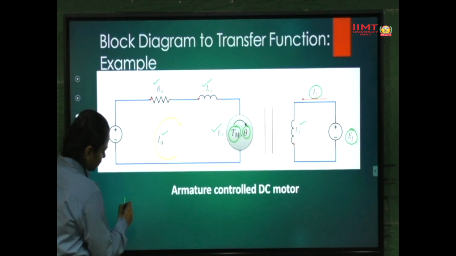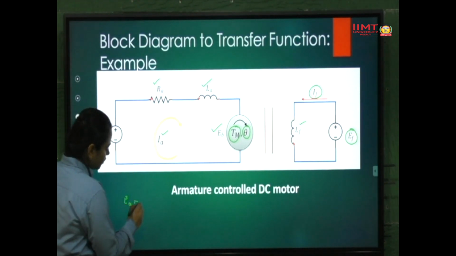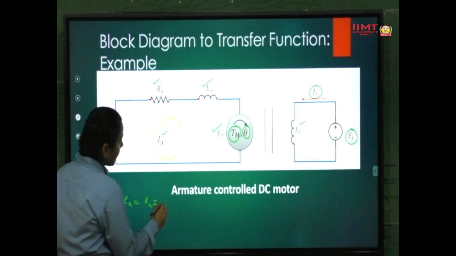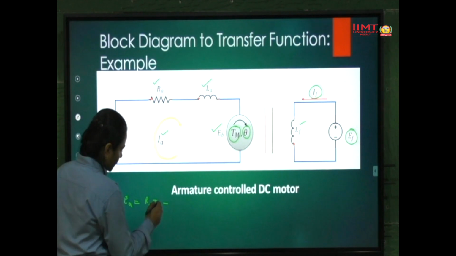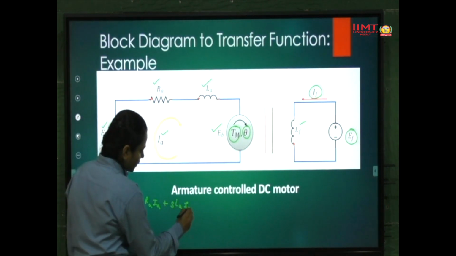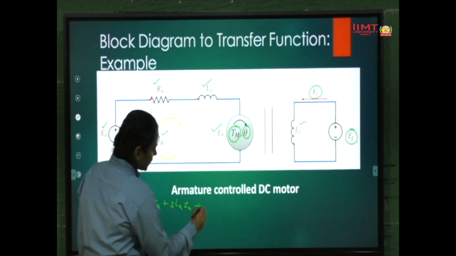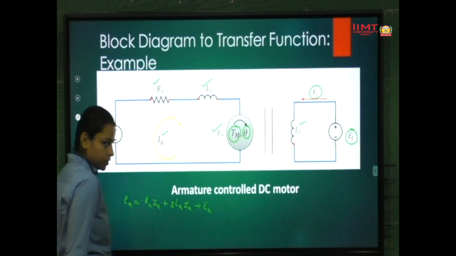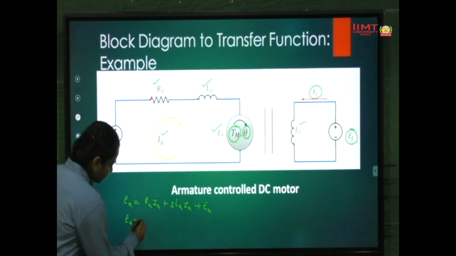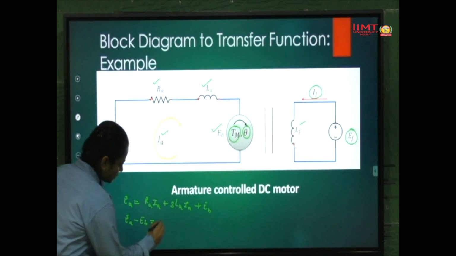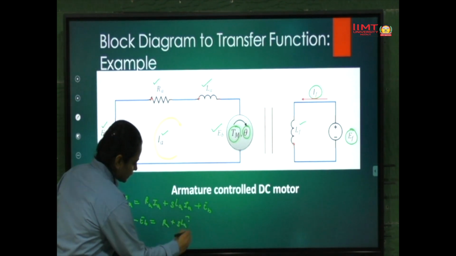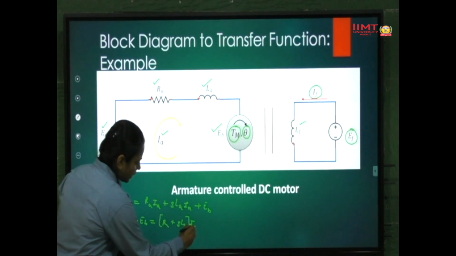We have EA equal to RA IA plus S LA IA plus EB, in terms of Laplace transform, as we have already calculated. So we can write it as EA minus EB is equal to RA plus S LA times IA.